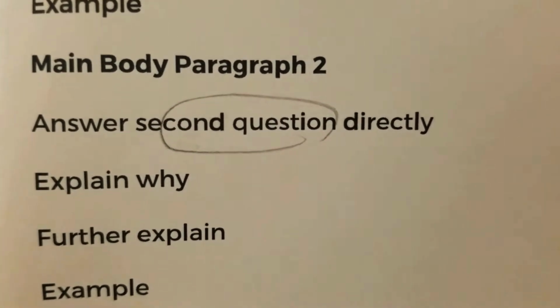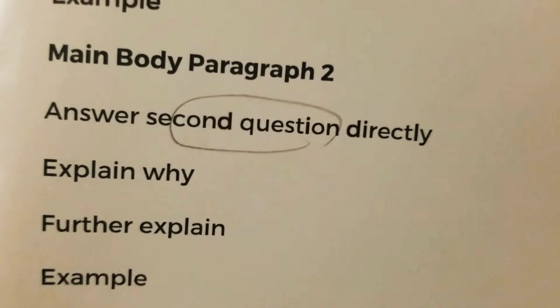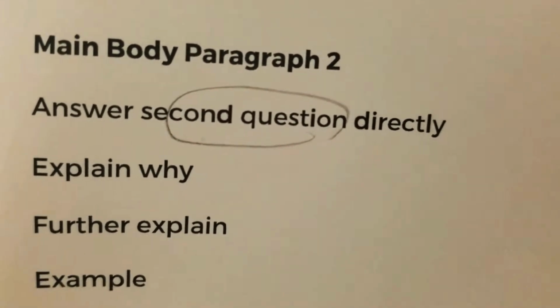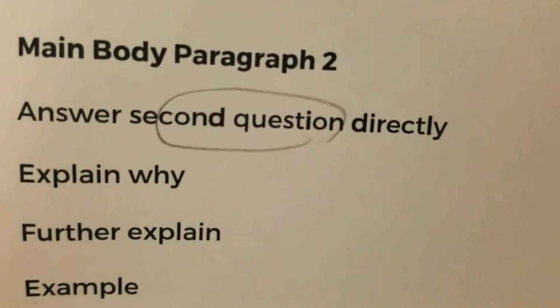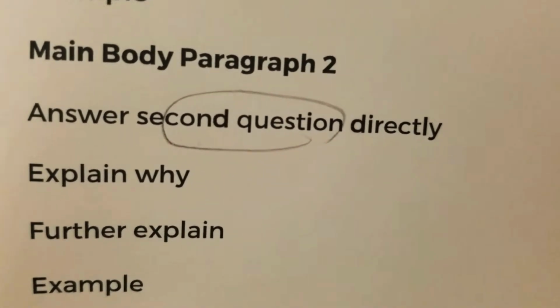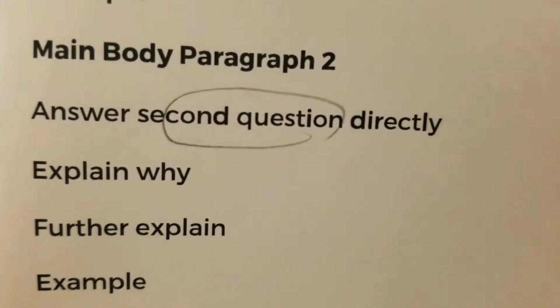Come to the topic, directly answer the question, explain why you think so, what your reasons are, further explain why you believe so, and then end by writing an example. Basically, your first paragraph is the introduction, paragraph 2 answers the first question, and paragraph 3 has the answer to the second question.